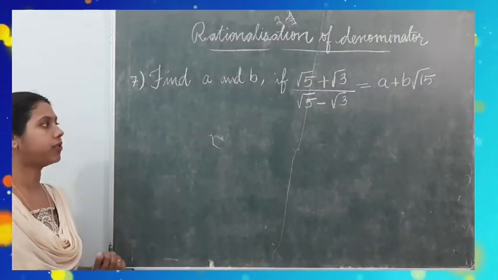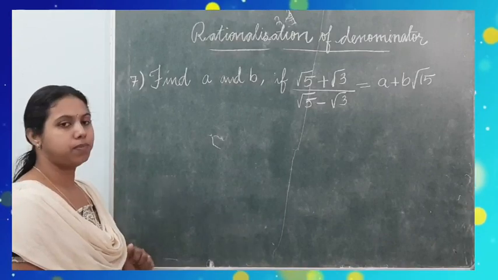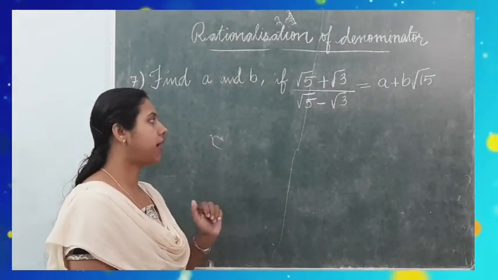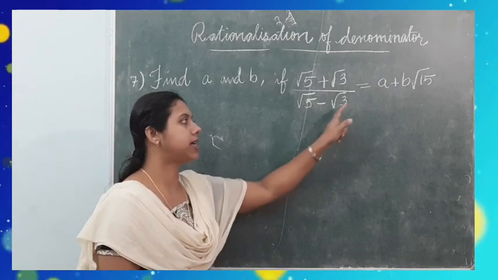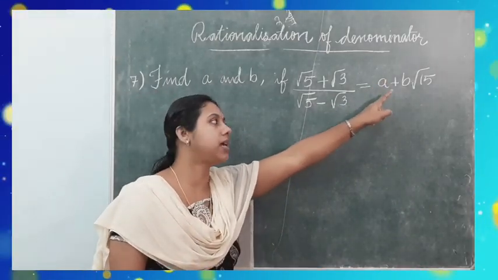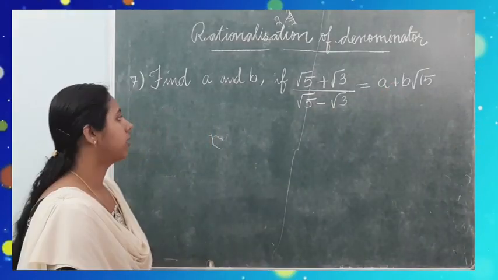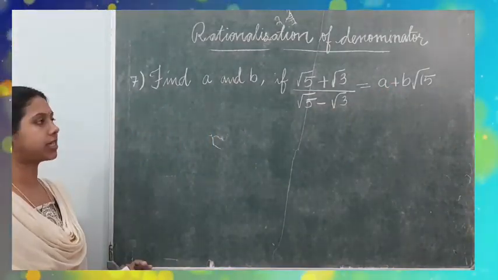Let us see one more question. Find a and b if root 5 plus root 3 divided by root 5 minus root 3 is equal to a plus b root 15. So first rationalize the LHS part.